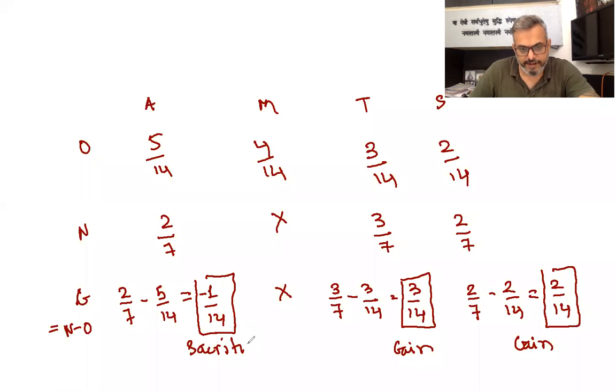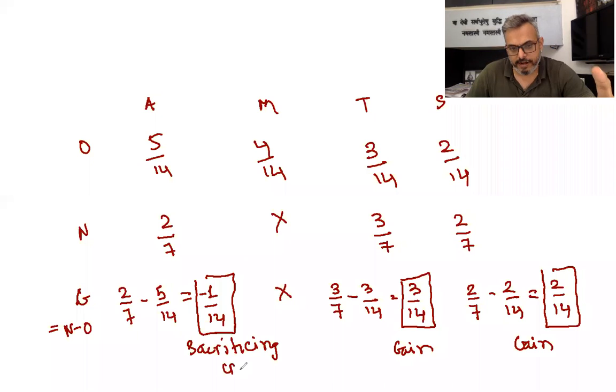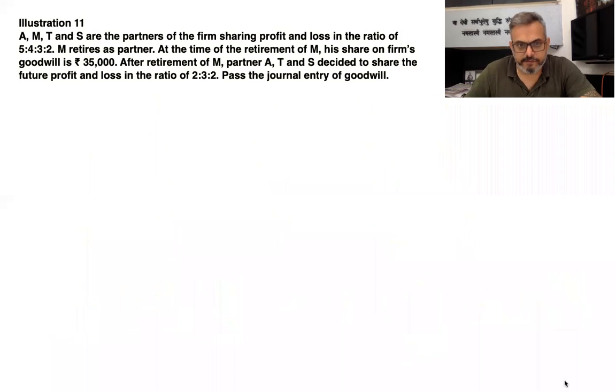Now we will have to find out how much will be the amount which we will debit and we will credit. याद रखना sacrifice जो करेगा उसको हम credit करेंगे, gain जो करेगा उसको हम debit करेंगे. Now over here, let's check out now what is the goodwill. Come to the question, please.